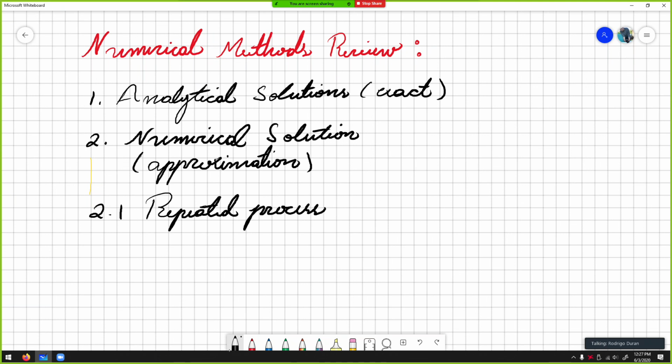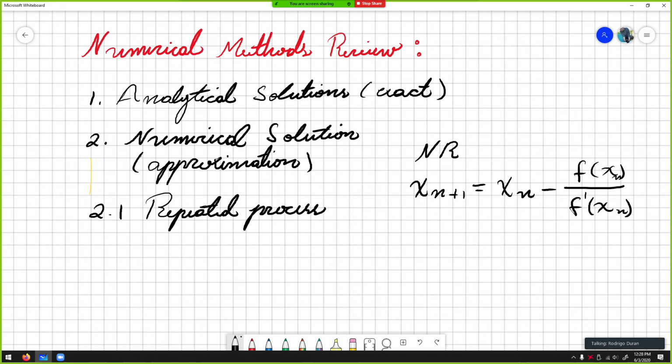For example, if I'm doing Newton-Raphson, my new solution is equal to, let me use the same notation that you use in class, or that the book uses, my previous solution minus my function evaluated at the current root divided by the first derivative of that function at that current root.